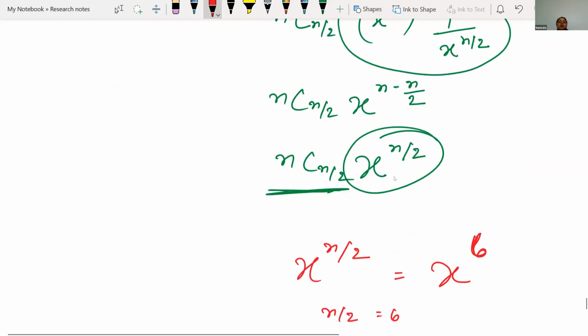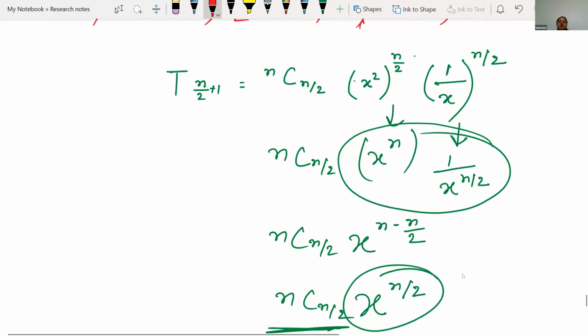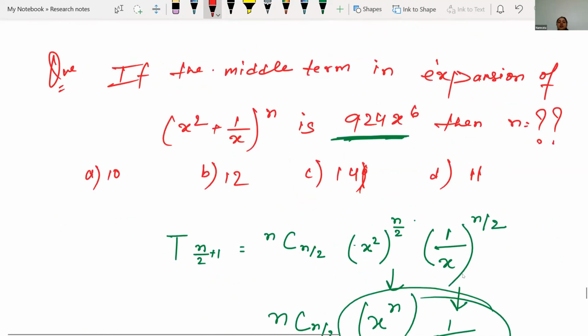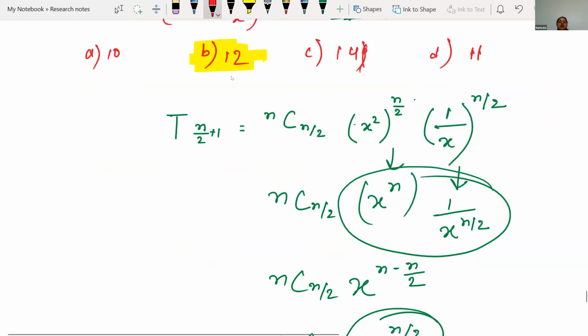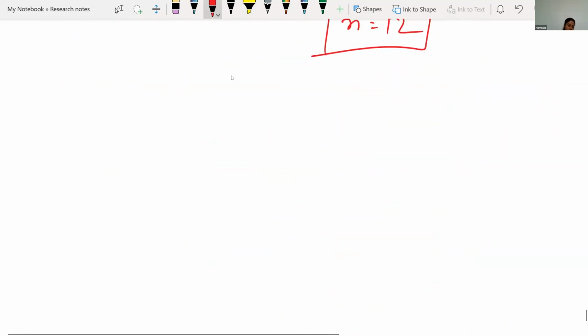We have got the middle term and that is having x to the power n by 2. So we can say x to the power n by 2 is equals to x to the power 6. From there we got n is 12. What the question is asking, then n is 12. Clear? So always look for the easier way to simplify the things.